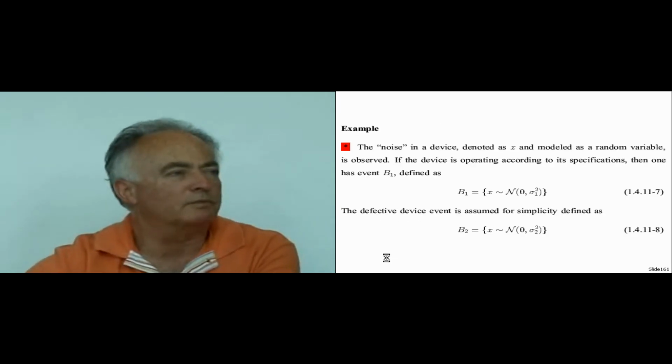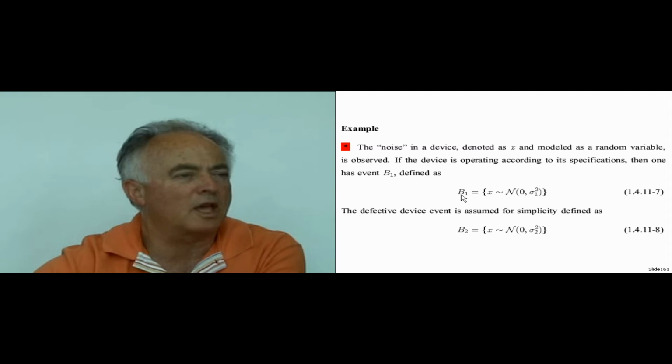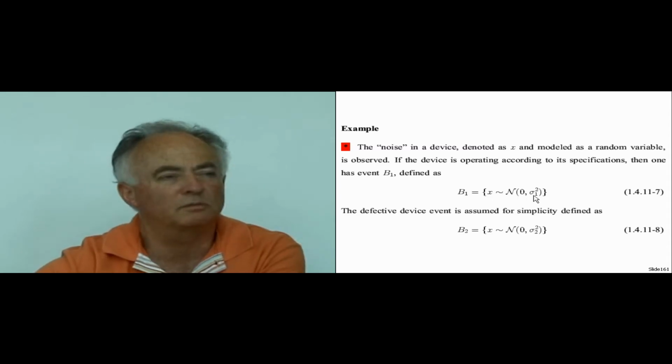Some examples. The noise in a device, which we denote by x and model as a random variable, is observed. Assuming we have a device operating according to its standard specifications, then you have event B1, defined as the event that x is normally distributed with mean 0 and variance sigma 1 squared.